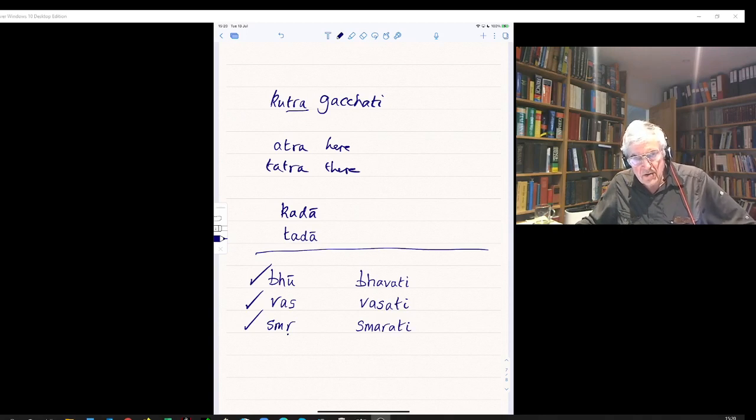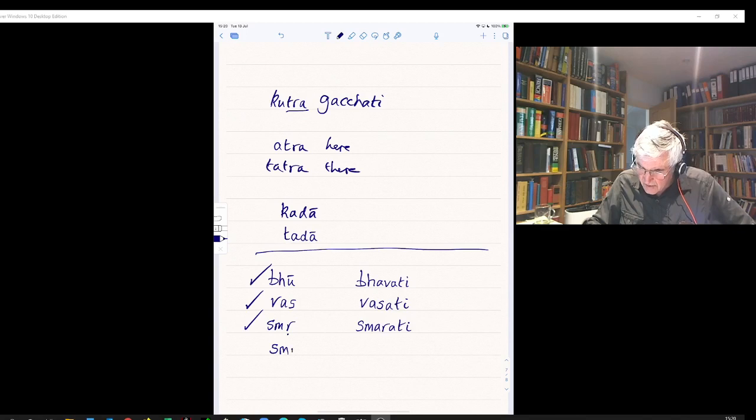The standard translation of Pali sati, Sanskrit smriti, is mindfulness. So it's from the root smri, to remember. You can make a verbal noun out of that by adding the verbal noun suffix ti.